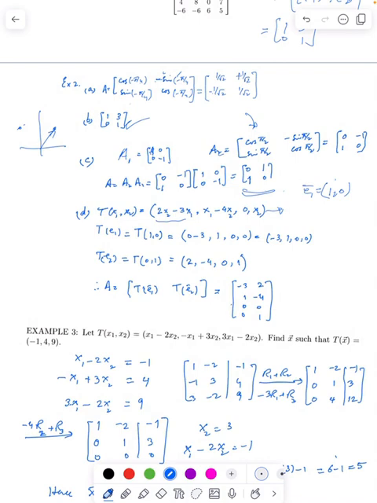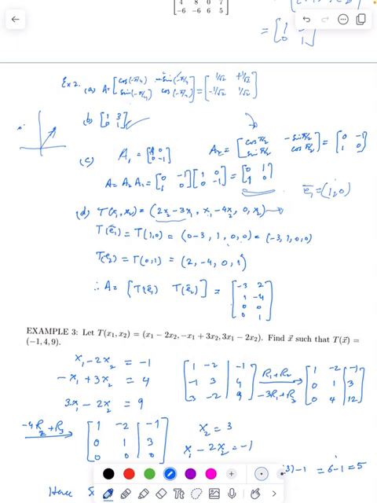So I get a negative 3 for the first component, comma, second component is x1 minus 4x2. So x1 is 1, minus 4x2, x2 is 0, so we just get 1. And then the third component is just 0, so we just put 0. And the last component is x2, and x2 is 0, so we have 0. So we get negative 3, 1, 0, 0. This is the image of E1 under T.